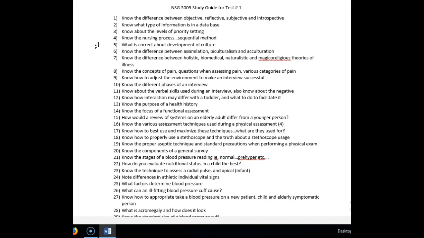Know the various assessment techniques used during a physical assessment. The basic four techniques that you would use are inspection, auscultation, palpation, and percussion. Inspection is basically when you're giving a person scrutiny.